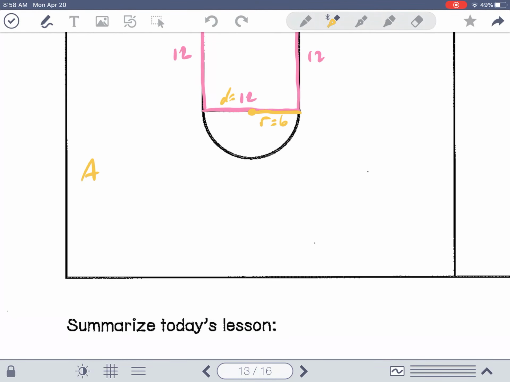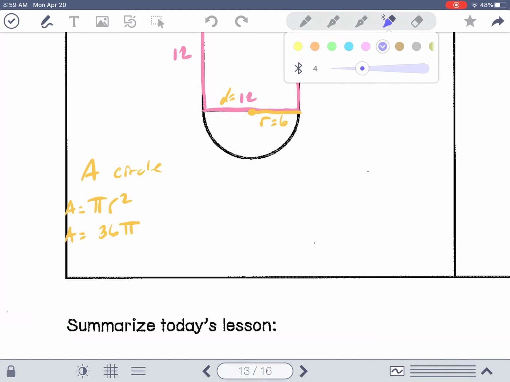The area of a circle is pi r squared. So the area would be 36 pi, but this is the area of a full circle. Do we have a full circle? No, we do not. This is only half. A semicircle is half of it.